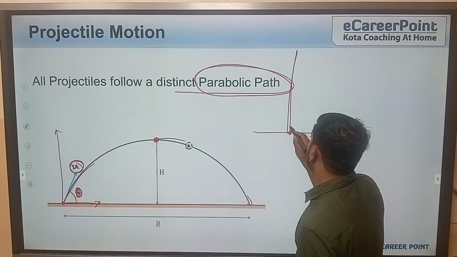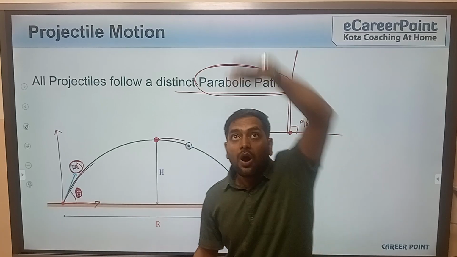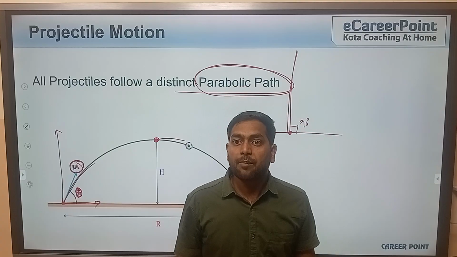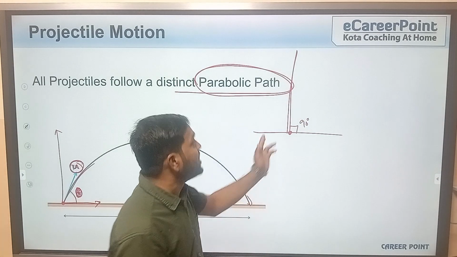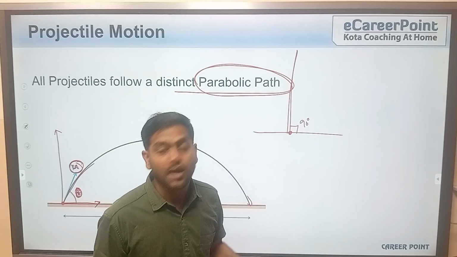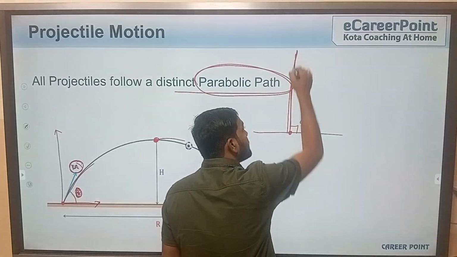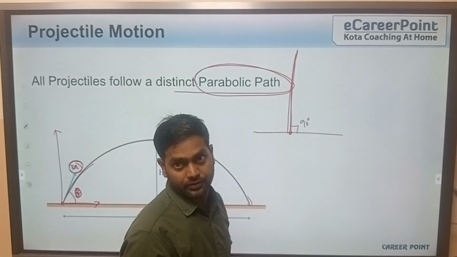That means the object moves upwards and downwards, so there is only vertical projection but no horizontal projection. So it will not follow projectile motion, because the angle is 90 degrees.